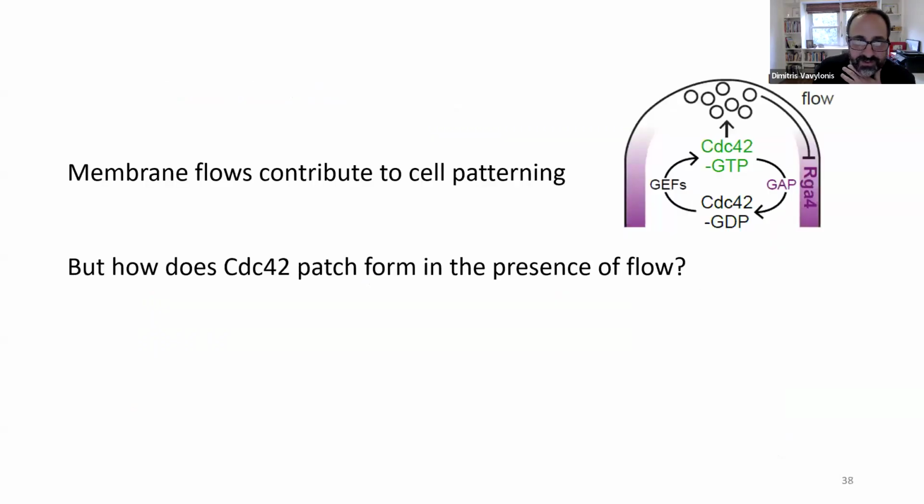Okay, so there was this discovery that membrane flows contribute to cell patterning. So there's something more than simple reaction diffusion by Turing type mechanism. There's the physical flows by lipids that are created by this pattern contribute to it. So how exactly does this happen is the next question then.